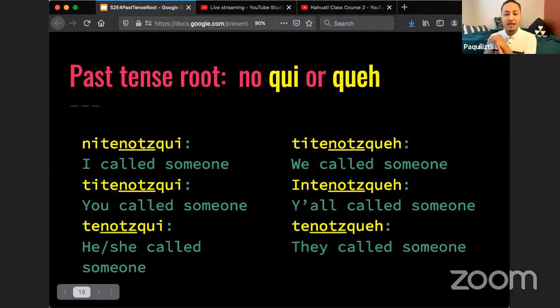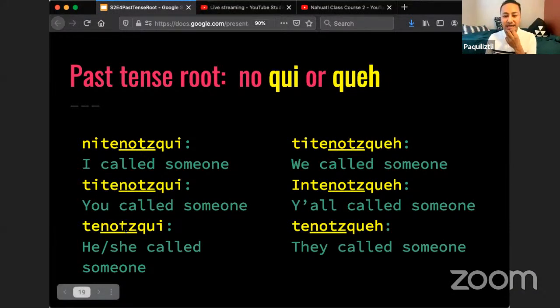Okay. So essentially, if you want to get the overall view of all the classes, you can simplify this rule and basically say for Huasteca region, the past tense root is the verb in the past tense, but without the ki or the ke. So here I give you this example from, I think, last week, where we used the verb notza.